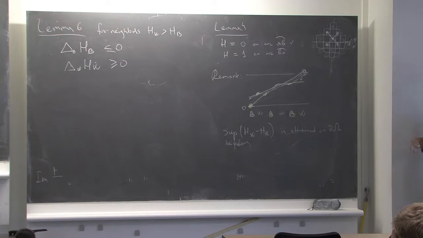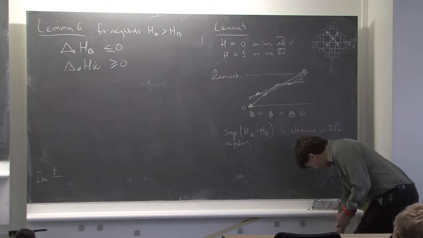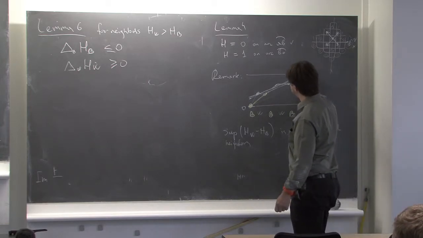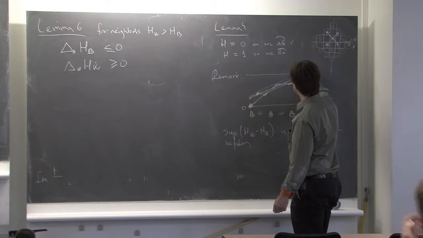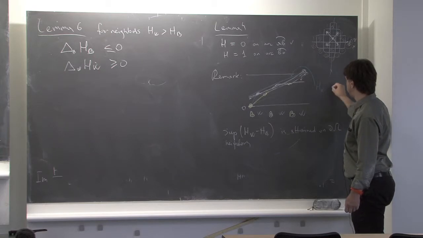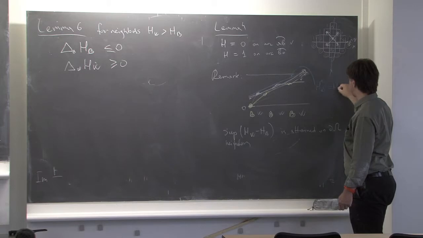And it's also nice because if, for example, I take harmonic functions with the same boundary values, let's say H white star, which is equal to H white on the boundary and harmonic.